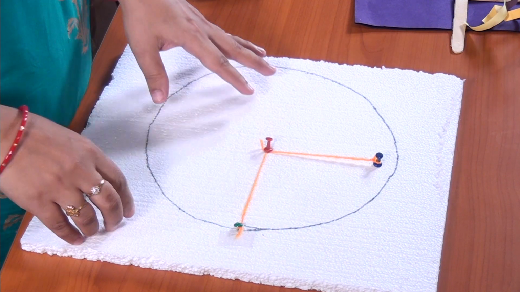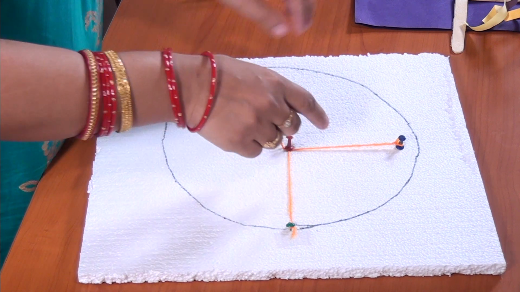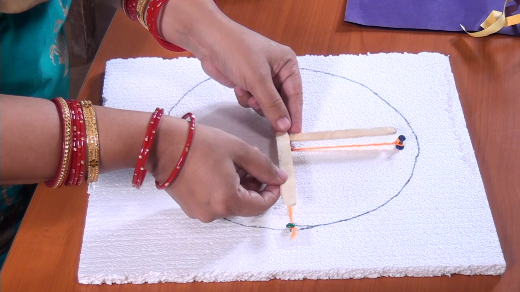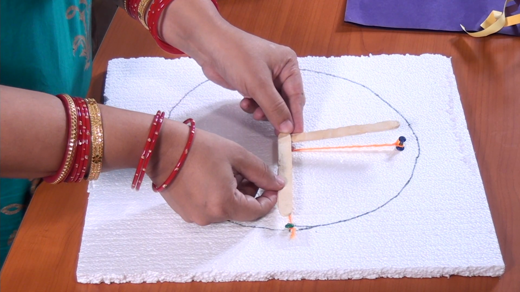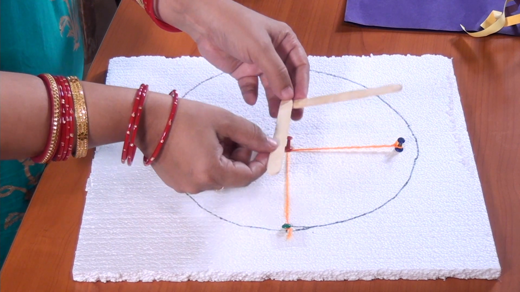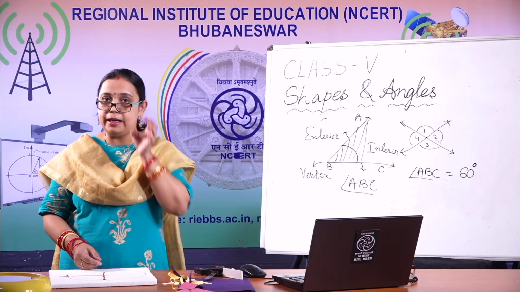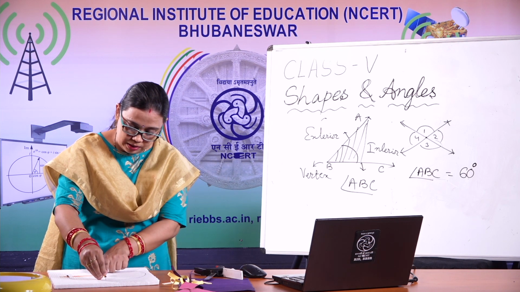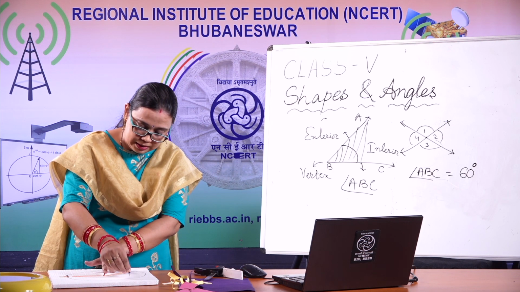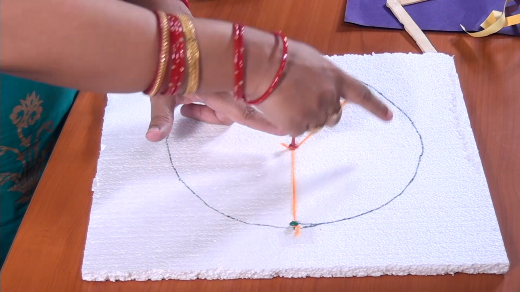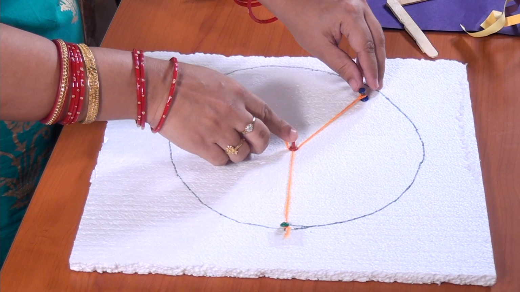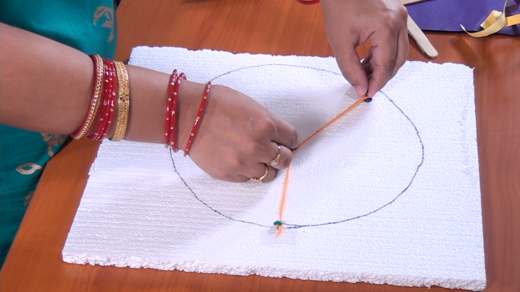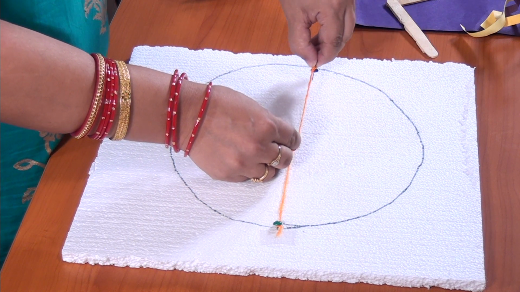See, now this becomes just like the shape of L in the English alphabet, which is called a right angle. Let us move this like this. See, this is more than a right angle. We can move this.